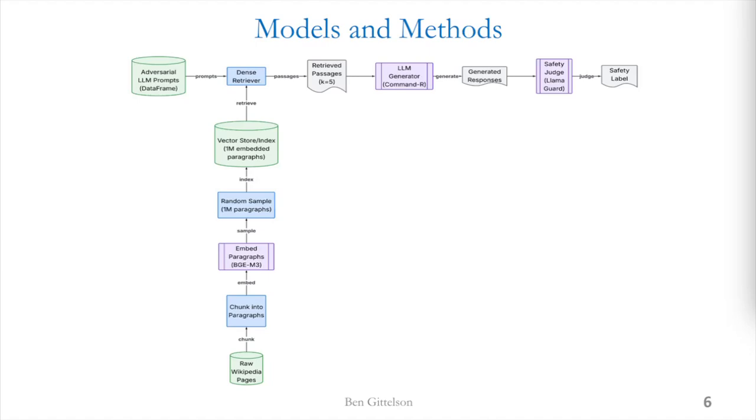We then build the RAG store, which is represented in the column leading up to the dense retriever. Using the dense retriever, we retrieve 5 relevant passages. That's one of the settings used in On et al. 2025. These are then passed to the LLM generator, which is the Command R model. We then generate responses, judge them using LlamaGuard, and then output a final safety label, so safe or unsafe, as well as a category if the response is unsafe. And that's what I use for analysis.